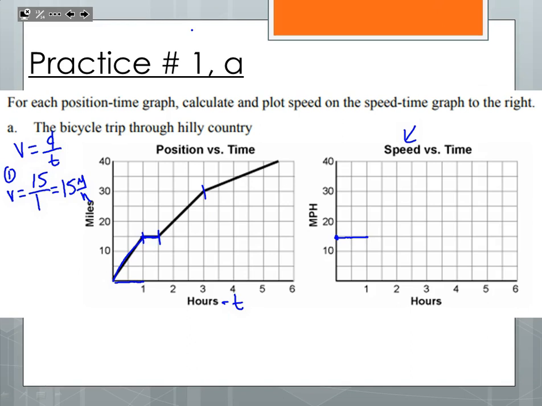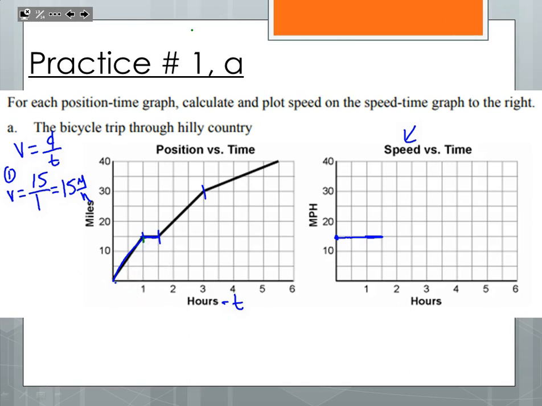So we come over to our speed versus time, and our speed stayed the same for another half hour. It did not increase, it did not decrease. If he came to a stop, then it would show the line going straight down. But he didn't come to a stop. He just continued at the 15 miles per hour.